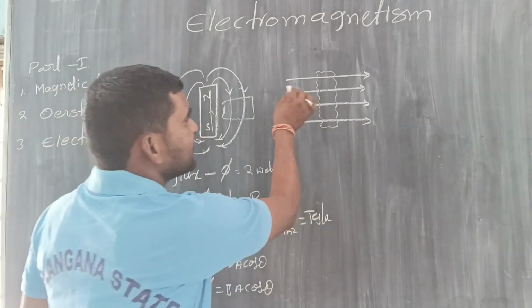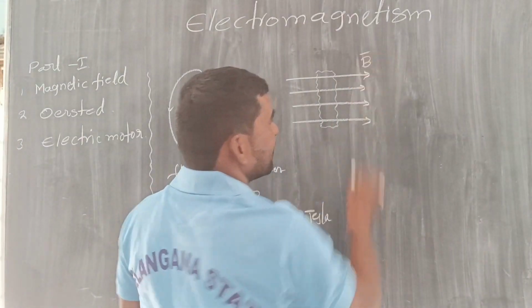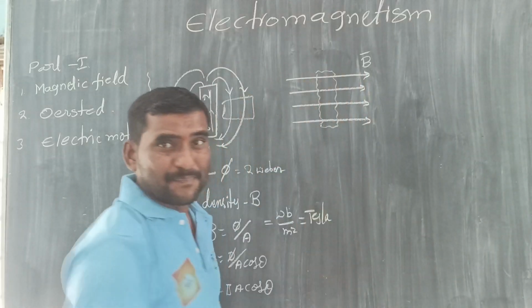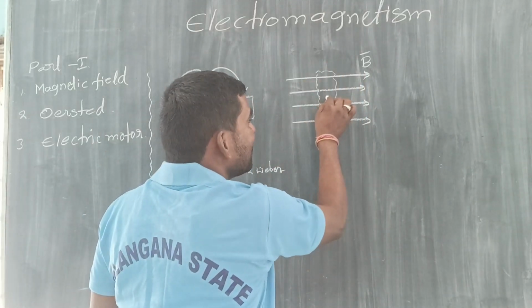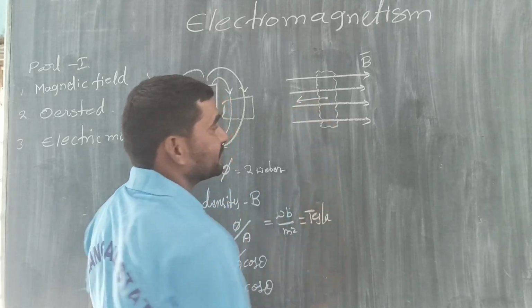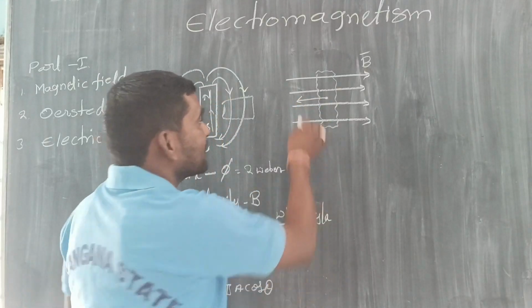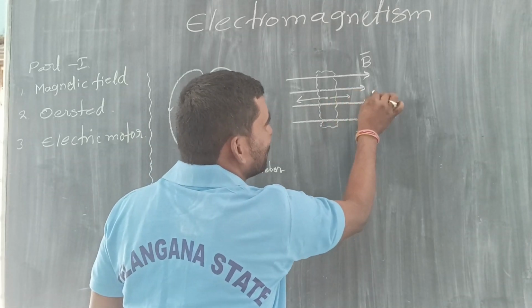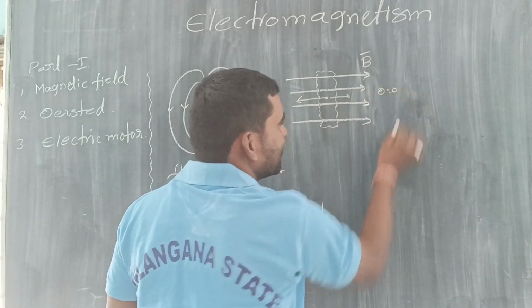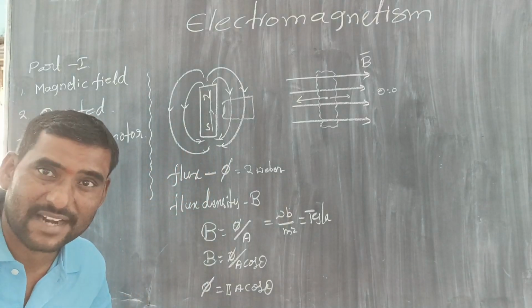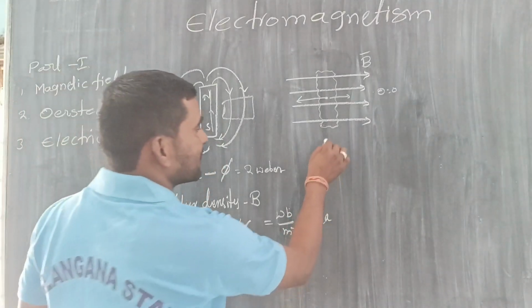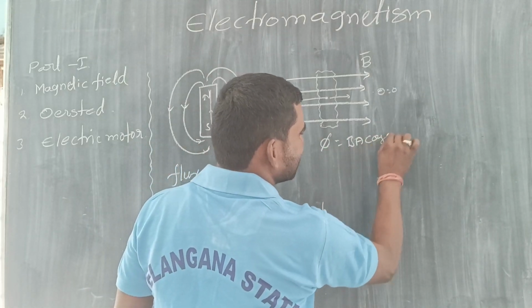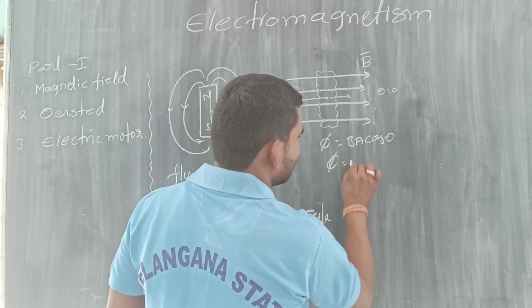Here is the magnetic field B. This is the area I am taking, and this is the normal line. The angle between the normal line and the field is 0 because they are parallel, theta equals 0. Then cos 0 is equal to 1. Then flux phi is equal to BA cos 0, therefore phi is equal to BA.